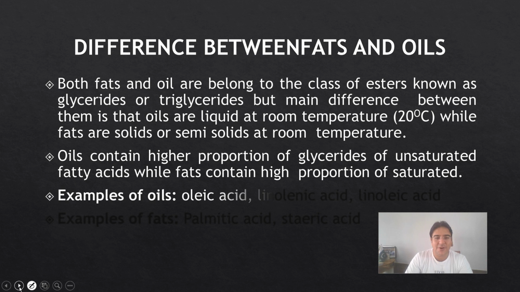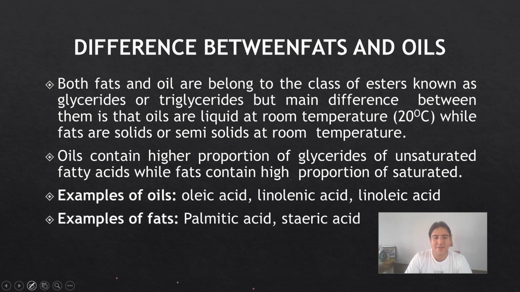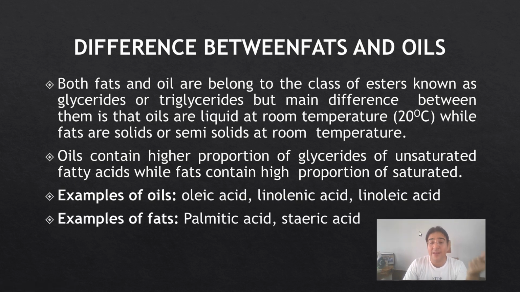So let's go. Now the oleic acid and linoleic acid, they all have pi bonds. There are more of them. Both oils and fats have all of them. But fats have more palmitic and stearic, which are saturated, the octadecanoic, and the oils have more oleic, the octadecenoic.